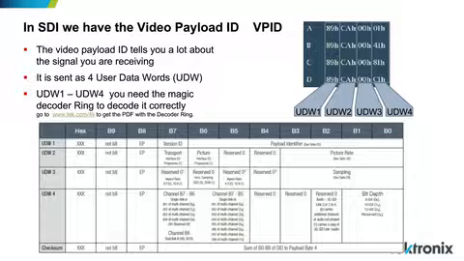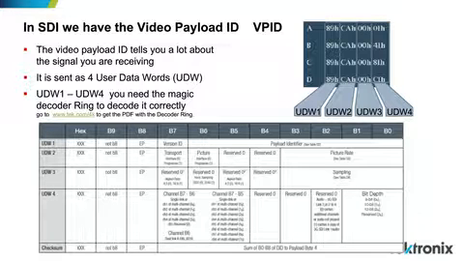And it is sent out as 4 user data words. It is broken down in binary by this bit means this, these 2 bits mean this. And you pretty much have to have the magic decoder ring to break those 4 user data words down, because they are broken out in binary.